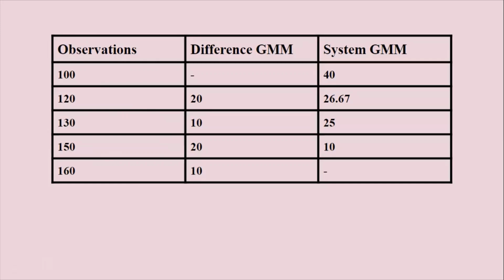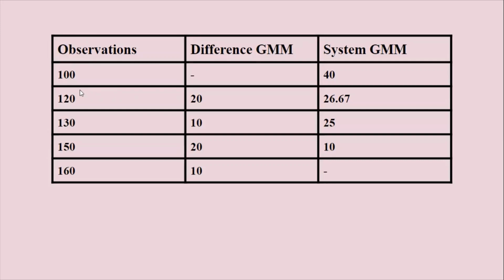Now in case of system GMM, the system GMM subtracts the average of all the future available observations. So the first observation would be calculated as follows. To obtain the first observation, you have to subtract 100 from the average of all the future observations.